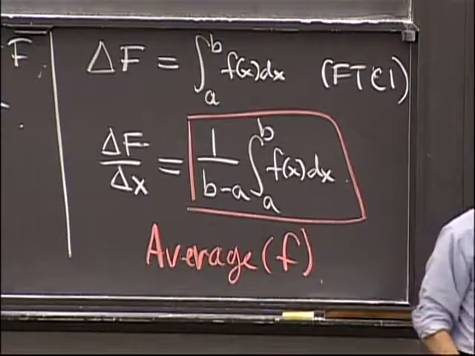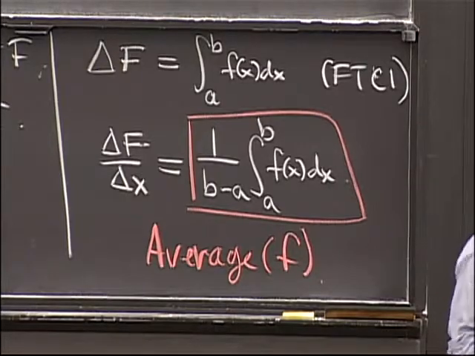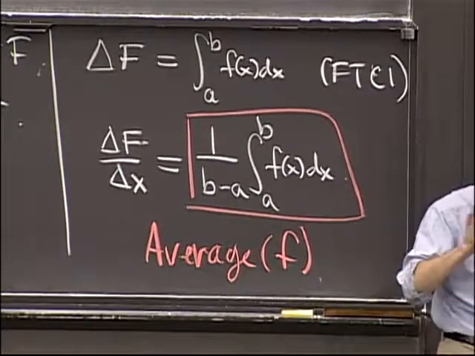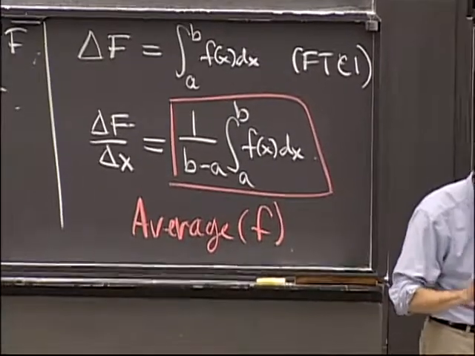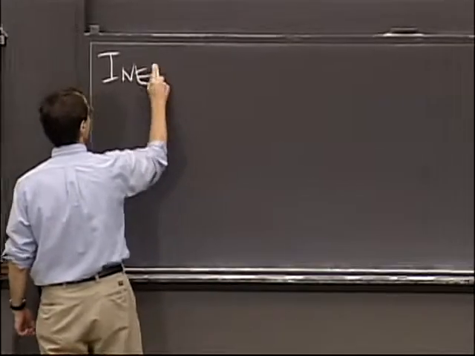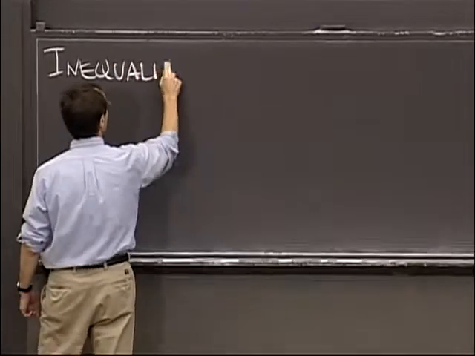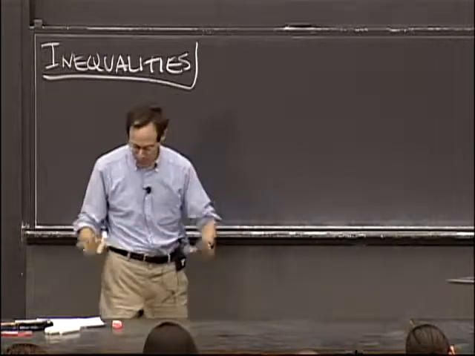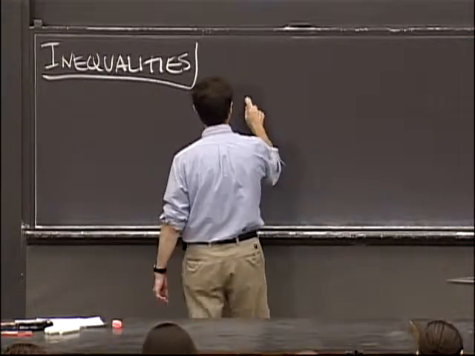Now, this is going to permit me to make the comparison between the mean value theorem, which we don't have stated yet here, and the fundamental theorem. And I'll do it in the form of inequalities. So right in the middle here, I'm going to put the fundamental theorem.